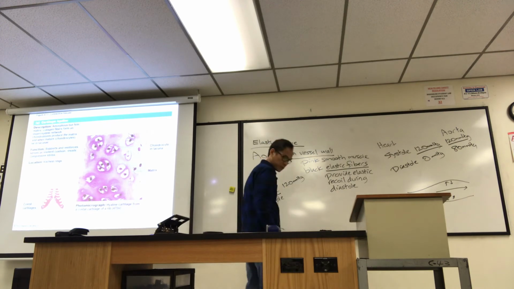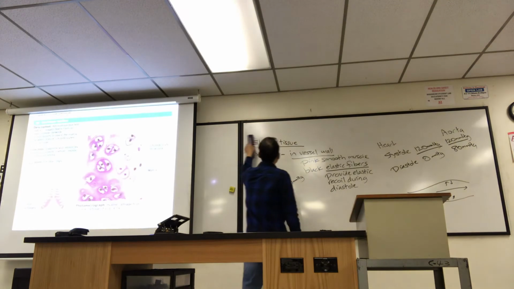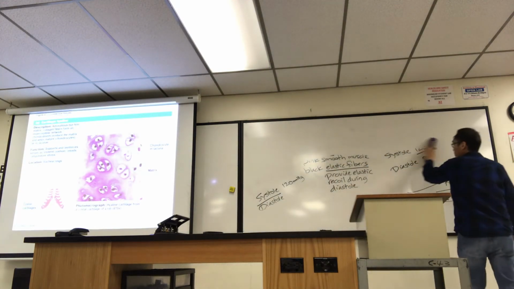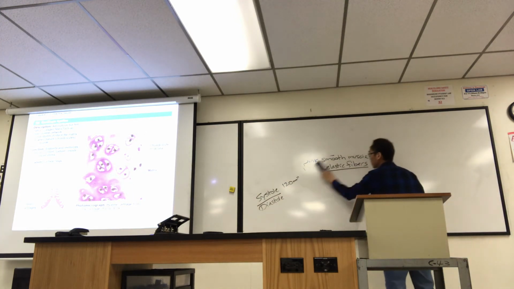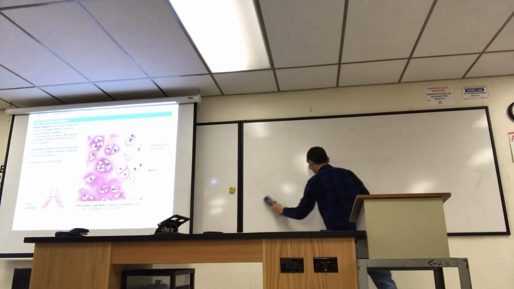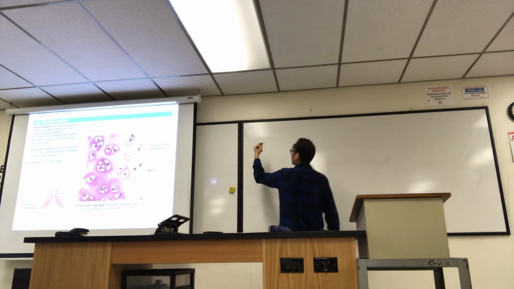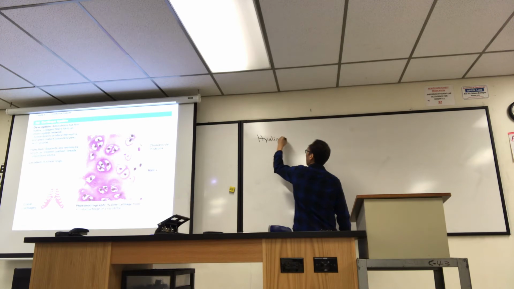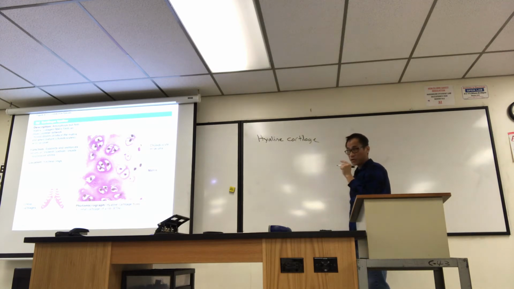Let's go over the cartilages. This is hyaline cartilage, I believe. The best example I like to show students of where it is is in the trachea.